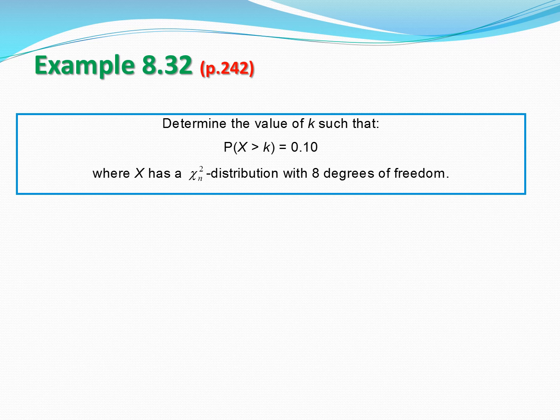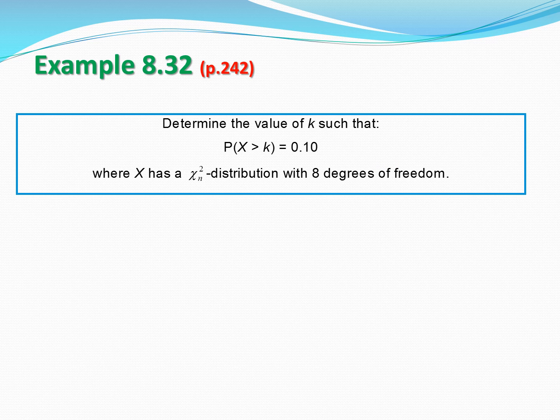For example, in example 8.32, they ask you to determine the value of k such that the probability that your random variable x is greater than k is 0.1, and they tell you that your random variable has a chi-square distribution with 8 degrees of freedom.